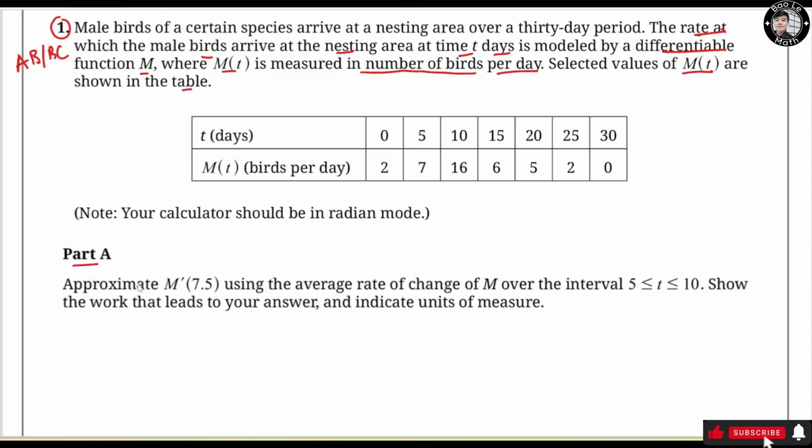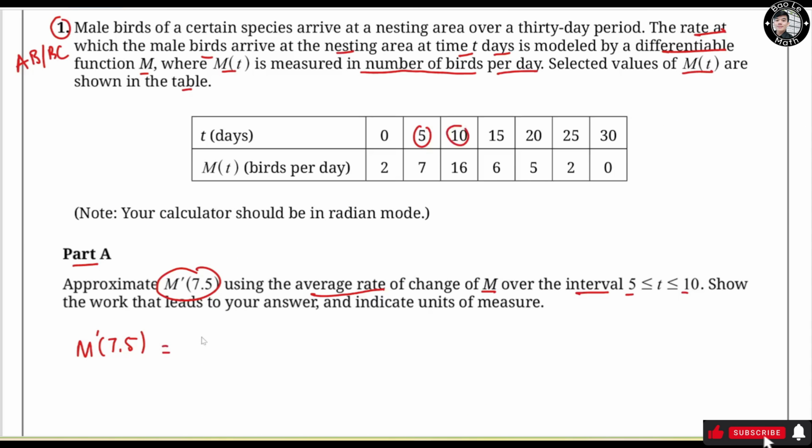Question A. Approximate m prime of 7.5 using the average rate of change of m over the interval 5 to 10. Alright, so we have m prime of 7.5. Look, 7.5 is between 5 and 10, right?